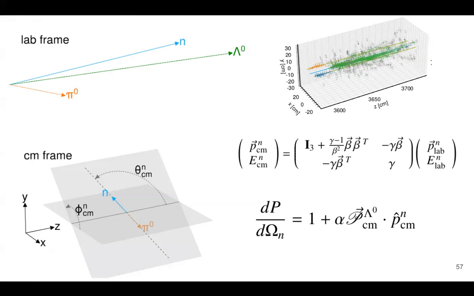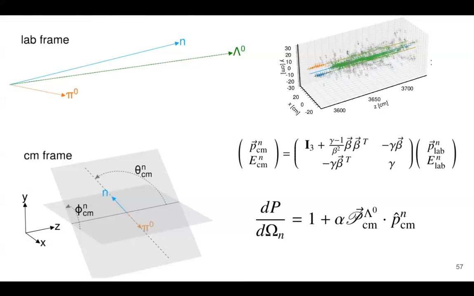In order to measure the spin polarization of lambda, you need to measure the neutron in the center of mass frame. So you take an event that looks like this, you boost it to the center of mass frame, and then you look at the angle of the neutron, which is going to be modulated by this polarization strength.